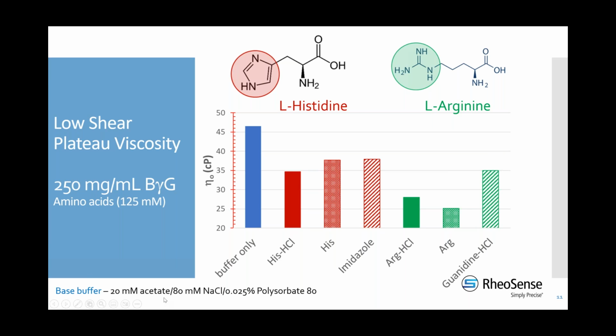It's an acetate buffer. What we have here are histidine and arginine, both with and without hydrochloride, HCl present. We're also going to include basically one of the functional groups on the histidine, which is the imidazole, and then the guanidine, which is the functional group on the arginine. And we're going to see how the introduction of these at this particular level will reduce the viscosity.